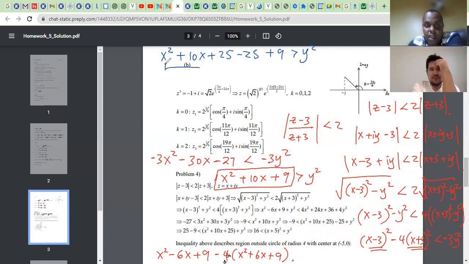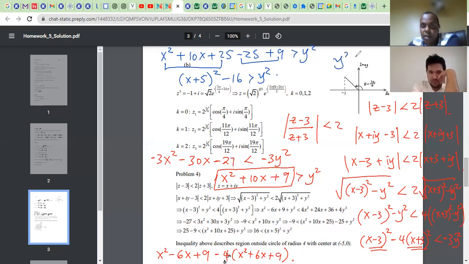This perfect square can be written as X plus 5 squared, and then minus 25 plus 9 is negative 16. So if you interchange Y squared and 16, you get Y squared plus X plus 5 squared greater than 16.